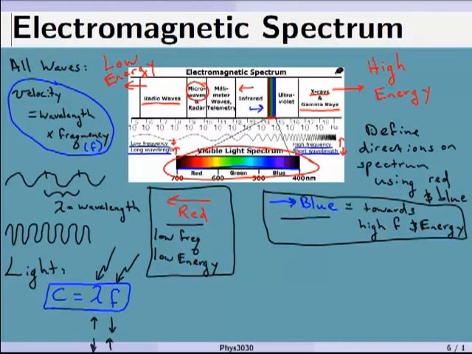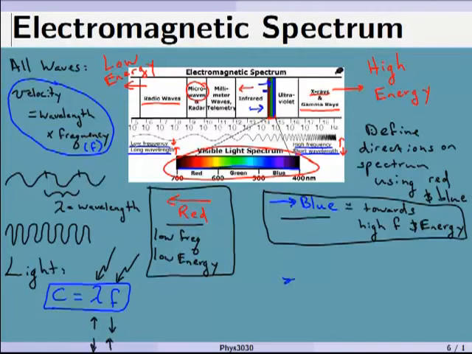This can get weirder because imagine I'm at the edge of the infrared and I go towards the right. Well, I can shift into the red, but I'm going in the blue direction. So again, just think about it in that way. Towards high frequency and energy is the blue direction. Towards low frequency and low energy is the red direction.